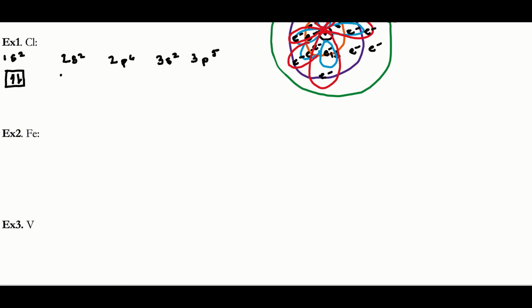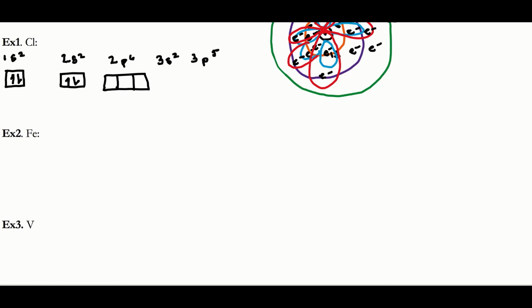Okay? For 2s, again, you only have one orbital, one large sphere. And you have 2 electrons in there, so it's going to be one up, one down. For 2p, remember there are 3 different orbitals, 3 different shapes along the x, the y, and the z axis. So I'm going to have 3 boxes to represent my 3 orbitals in the p sublevel. Okay? There's one more rule I have to explain, and that is this.